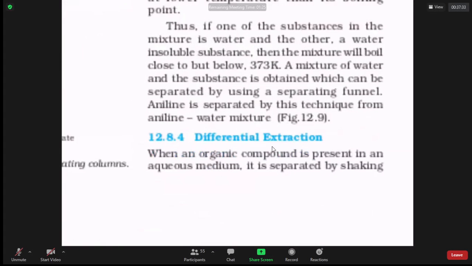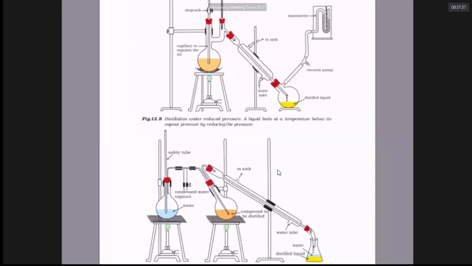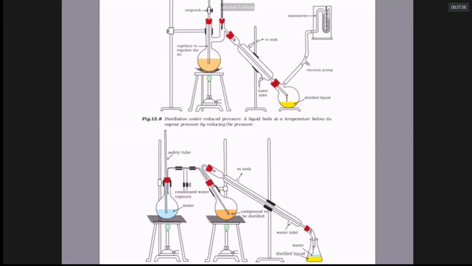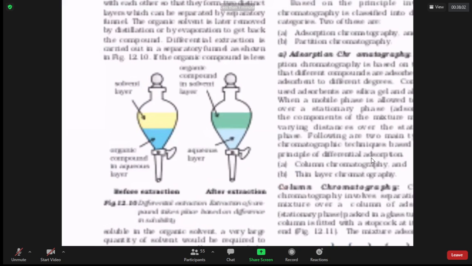Please see. Differential extraction. If one component is more soluble in an organic solvent and less soluble in water, you take the compound in water solution. To that you add an organic solvent like carbon tetrachloride and shake very well. When you shake it, from the water layer it will enter into the organic layer. Once it enters the organic layer, you use this type of funnel called a separating funnel.